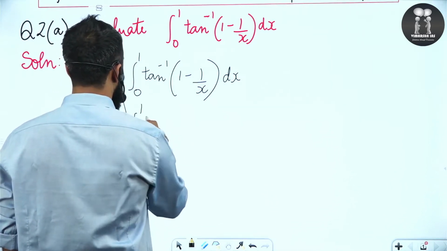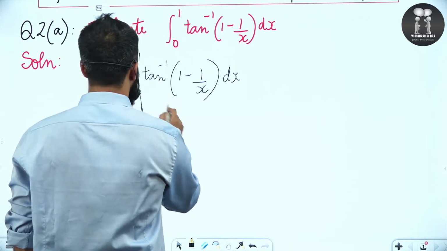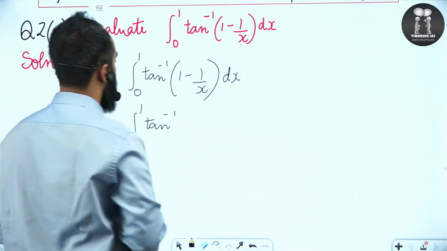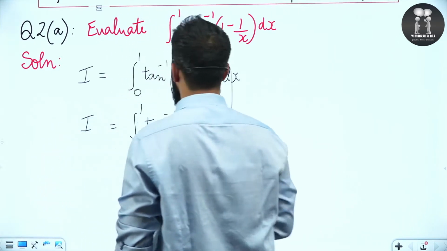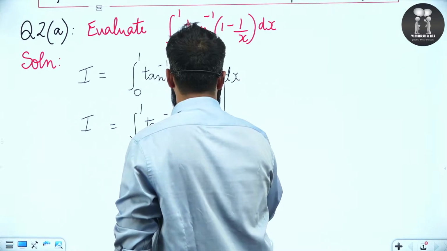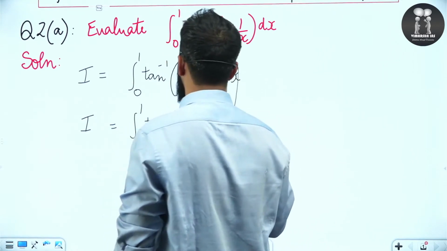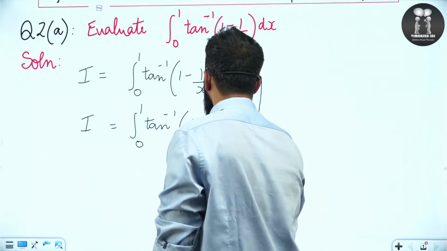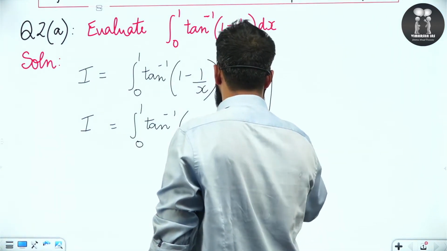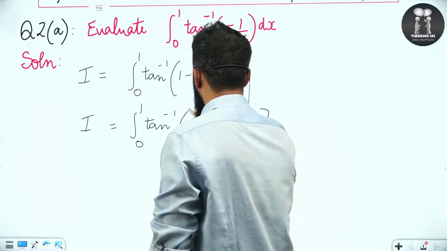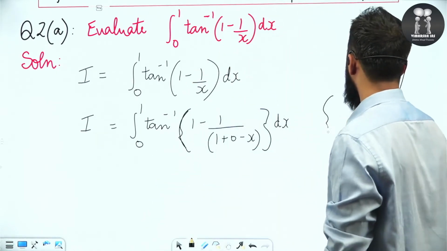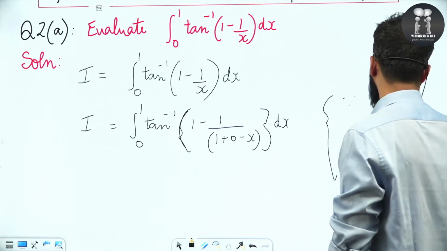Suppose this is equal to I. So you can write it as the integral of tangent inverse of 1 minus 1 by 1 plus 0 minus x, dx. Why? Using this property.